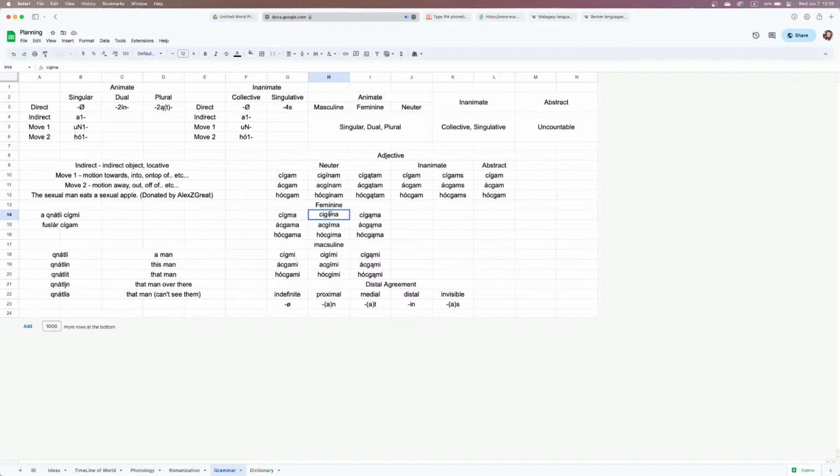So if that's meant to be in, I feel like that should be a long vowel. Yeah, that'll be a long one for when this happens.